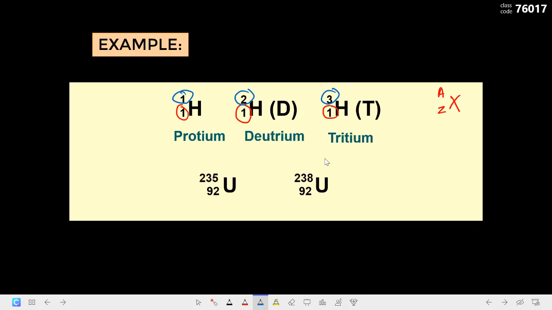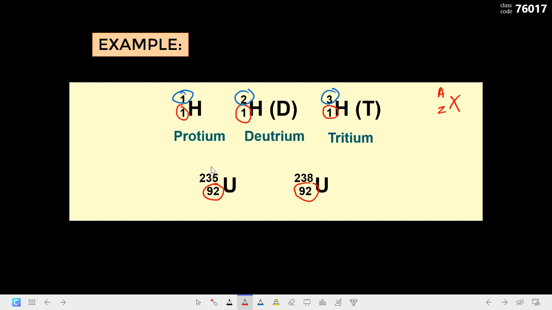Okay, and other example is uranium. So we have two isotopes of uranium. So uranium have 92 protons, or proton number dia 92. Okay, so you can see here the first uranium isotope, uranium 235.